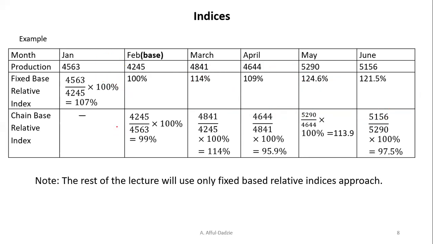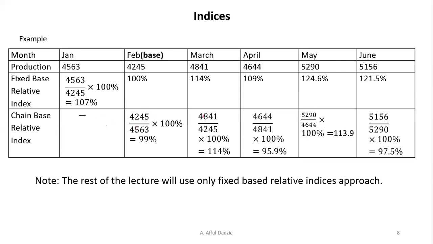For the chain-based approach, we're saying that the period before the new or the current period of interest is our base period. So if I'm in February, then January is the base period for February. It means I am comparing February with January.